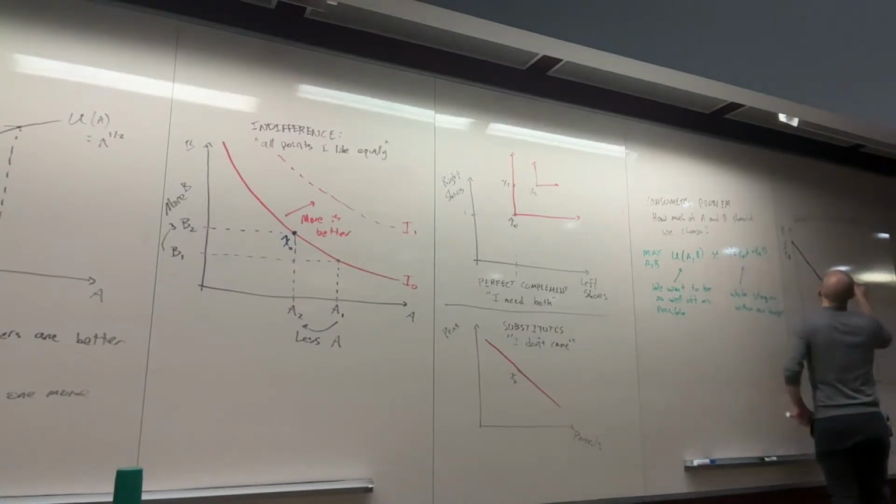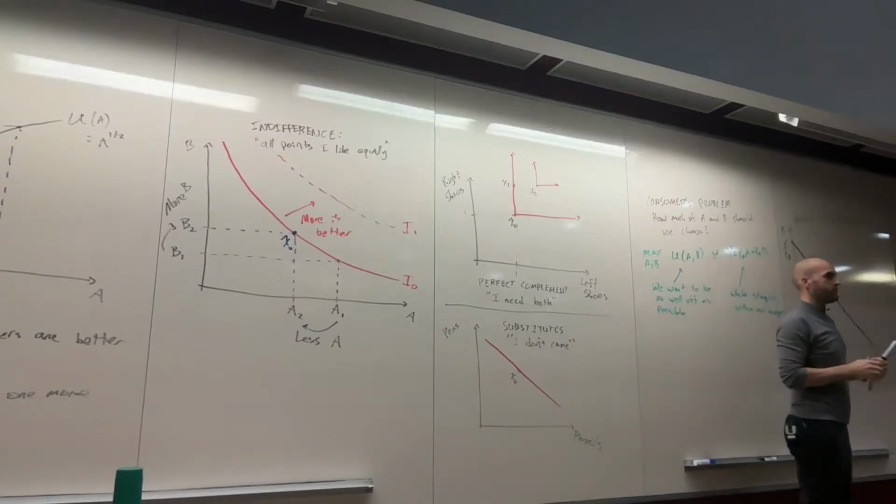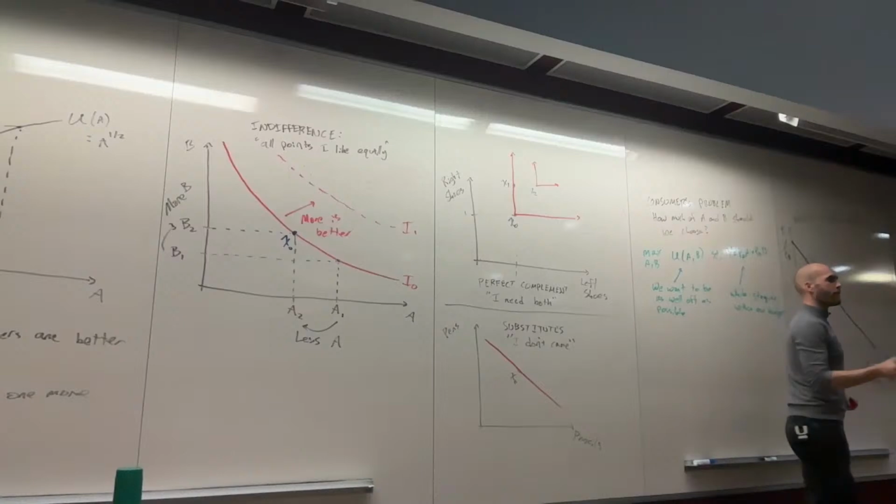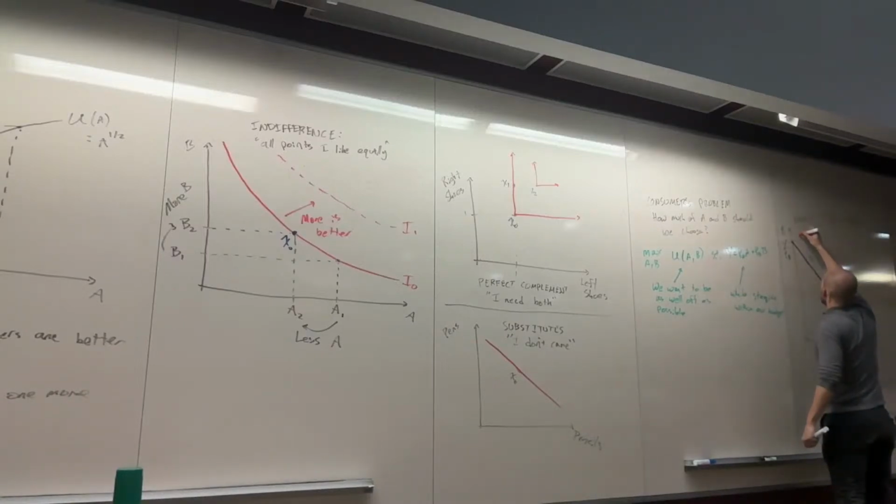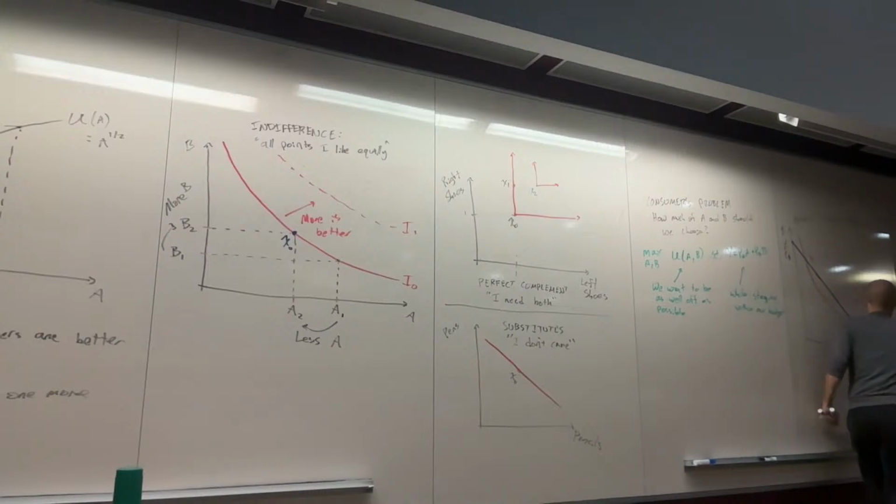So I'm going to set up one point. We'll call this x0. I'm going to draw an indifference curve through x0. So we have the indifference curve which goes through both x0 and also x1.